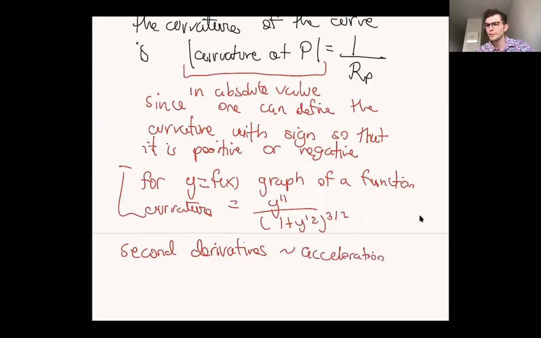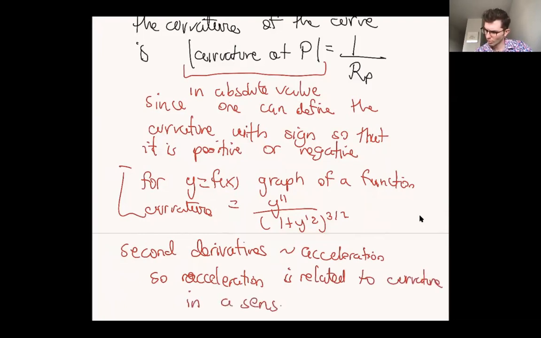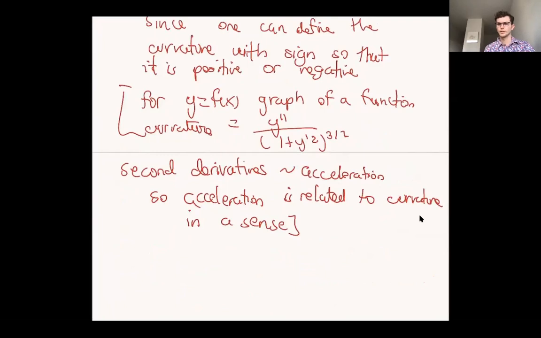This is also one reason why you can think of acceleration as being related to curvature. Is that making sense? Is that okay?